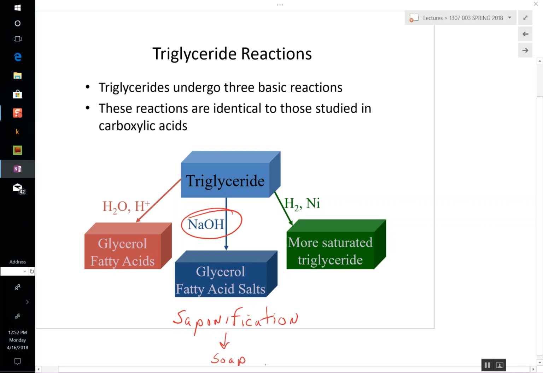And then you can hydrogenate the double bonds in unsaturated fatty acids. The main reason they do that is to raise the melting point. You can actually turn olive oil into margarine if you hydrogenate it. Olive oil is an oil, it flows; you hydrogenate it, and the melting point goes up.